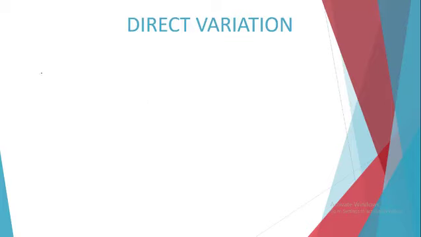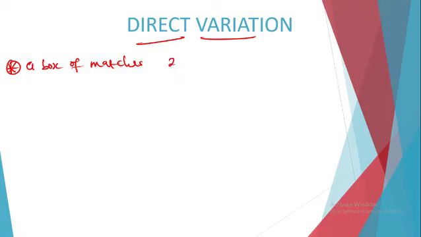So let's quickly look at the types of variation. We have the direct variation. If someone wishes to buy a box of matches which is sold at $2, it's equal to 1 times $2, and that will give us $2.